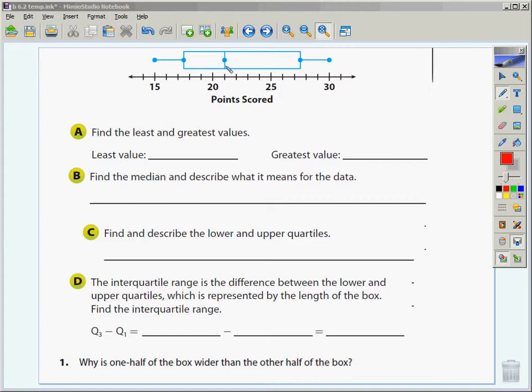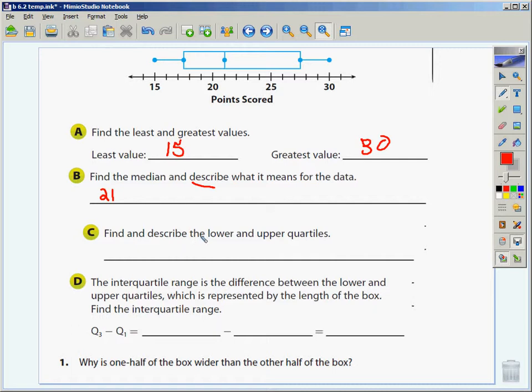What is the least and greatest values in this particular plot? 15 and 30. Okay? The least is 15, the max is 30. Find the median. Well, what is the median? 21. It says describe what it means for this data.